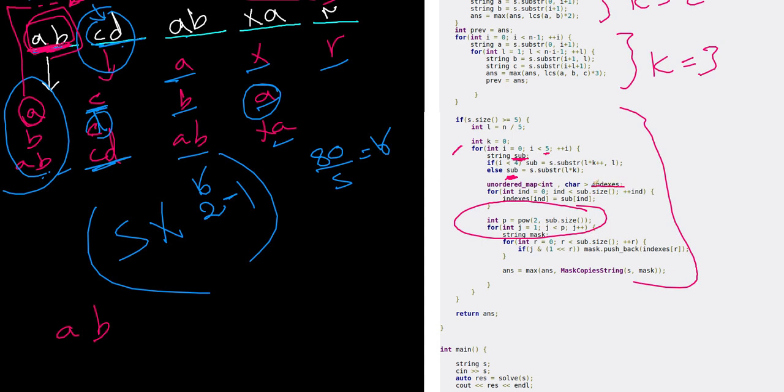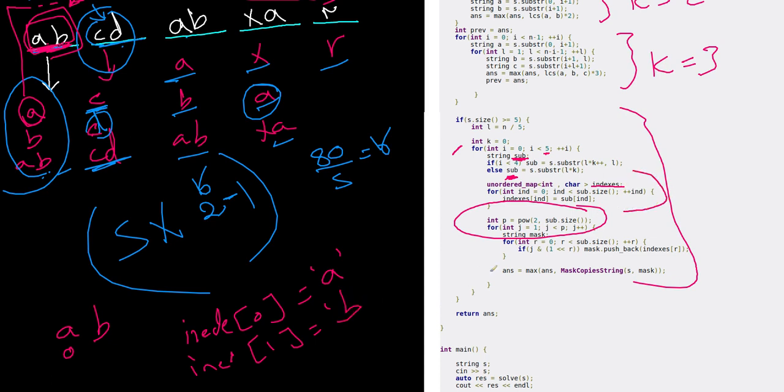Then we have the indexes map for the letters. So the index of 0 equal A, and index of 1 equal B. This is what we store here. And here we have the number of combinations, 2 to the power size of this, 2, which is 4, minus 1, because here we start from 1.